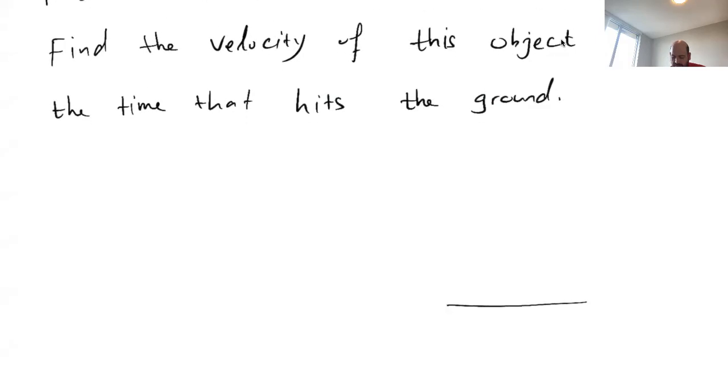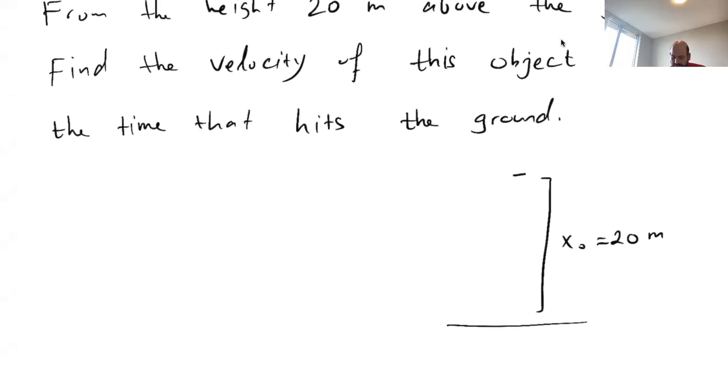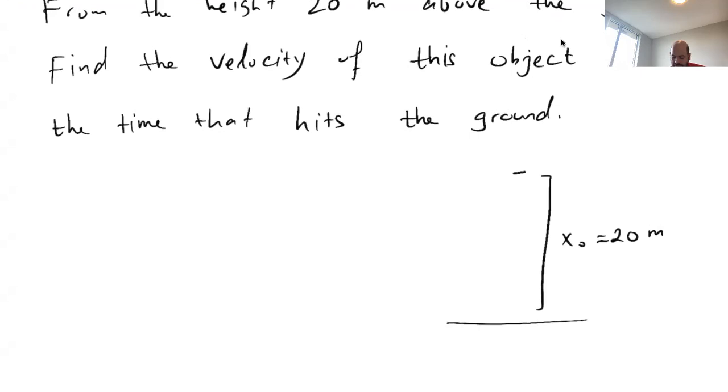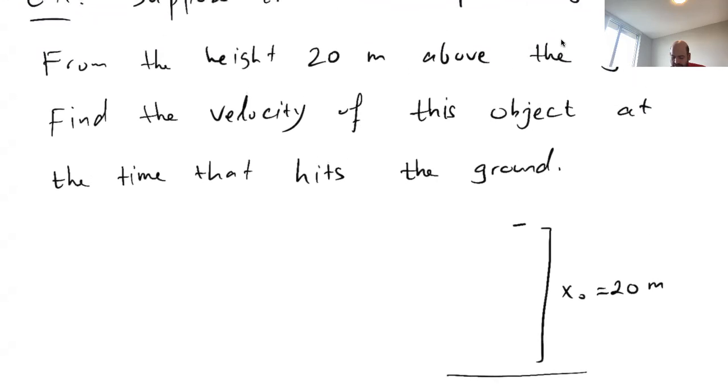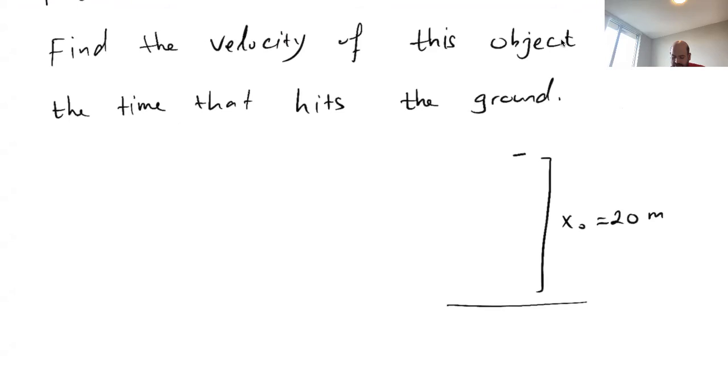Okay, so here we have 20 meters, x0 equals 20 meters, the initial position. And then we want to see when it hits the ground. So what is the equation? The equation of motion. So we just drop it, so v0 is 0, right?